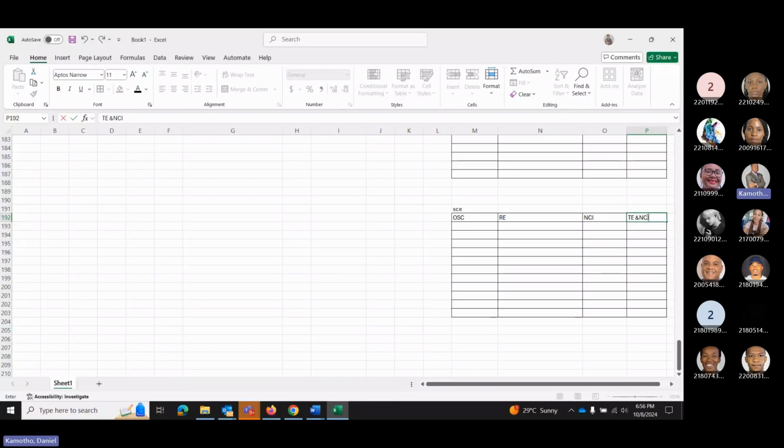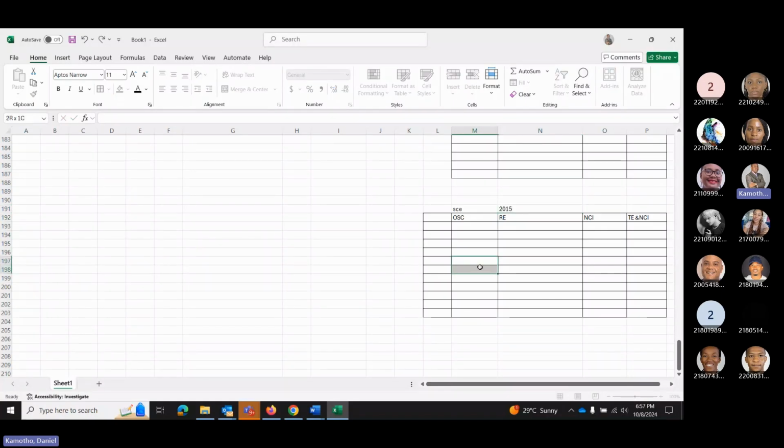Ideally, you should get the total owner's equity, then you have NCI, then you have total equity, owner's equity and NCI. That's how it is. And then just for the purpose of showing something, this is for 2015.